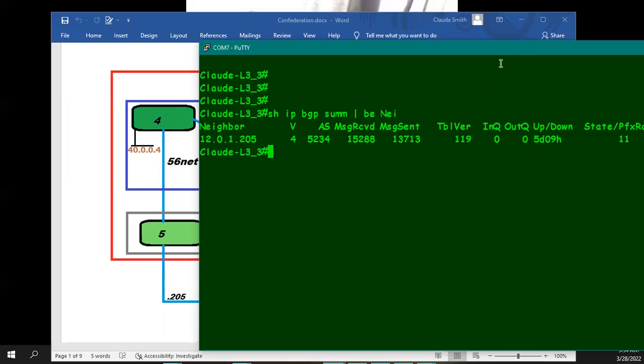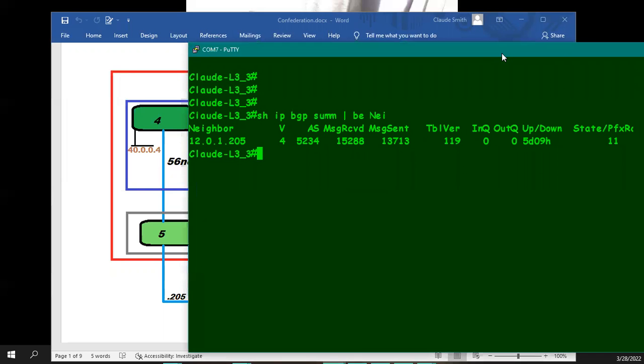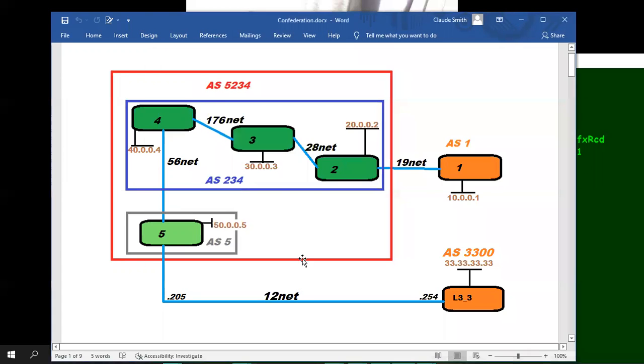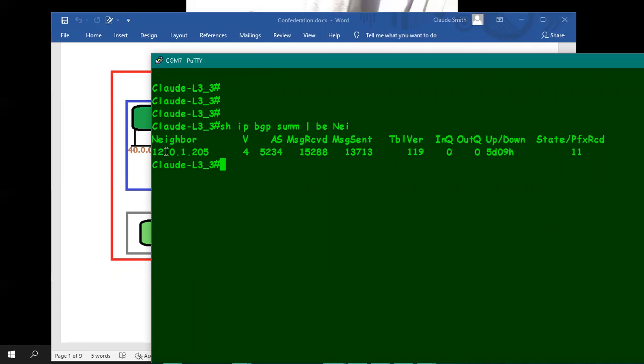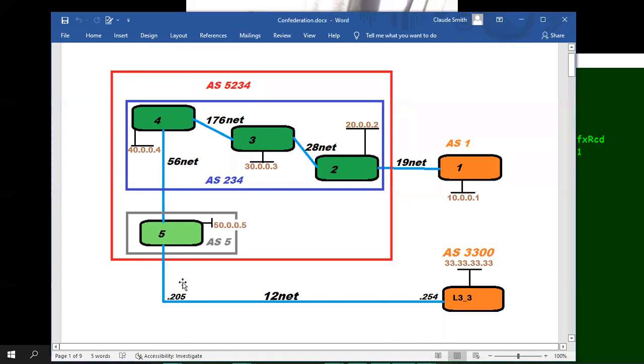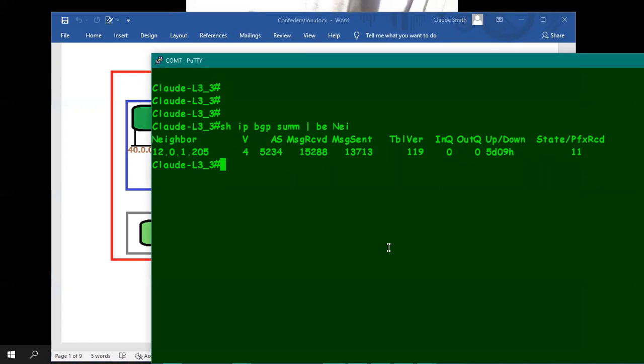So tell me about the neighbors we got here. All right. So what we see, we're here at autonomous system 3300, and we call this the 12 net. Now what we see is that our neighbor is here at 12.0.1.205. And what you see here, we're at 254.